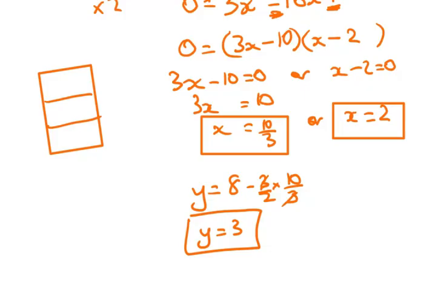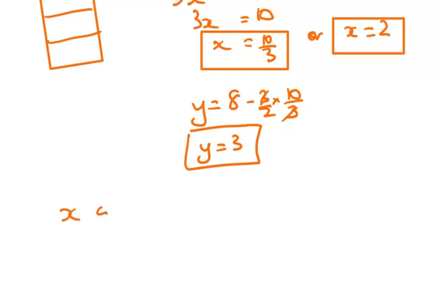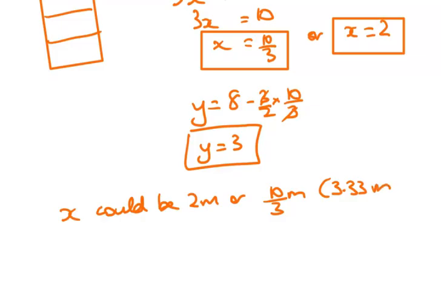But I'm only asked for the x value, so I think I'm finished. x could be 2 meters or x could be 3.33 meters. So 10 over 3 meters, it's better, I think, to write it as 3.33 meters to 2 decimal places.